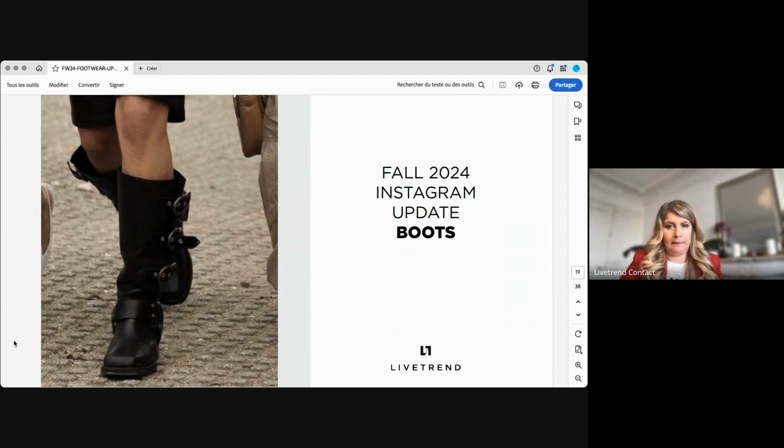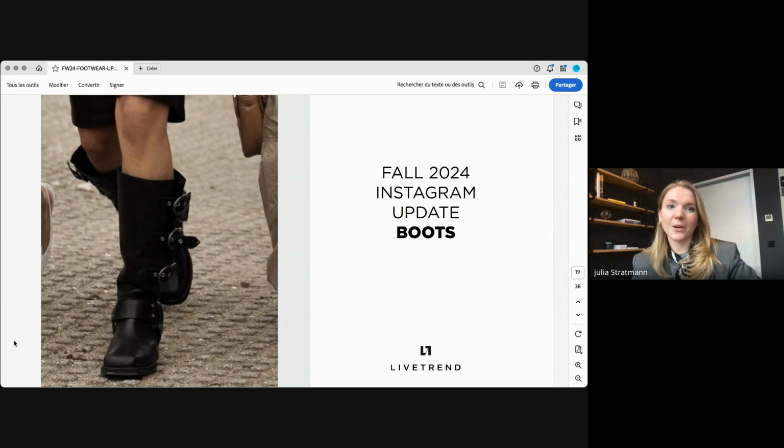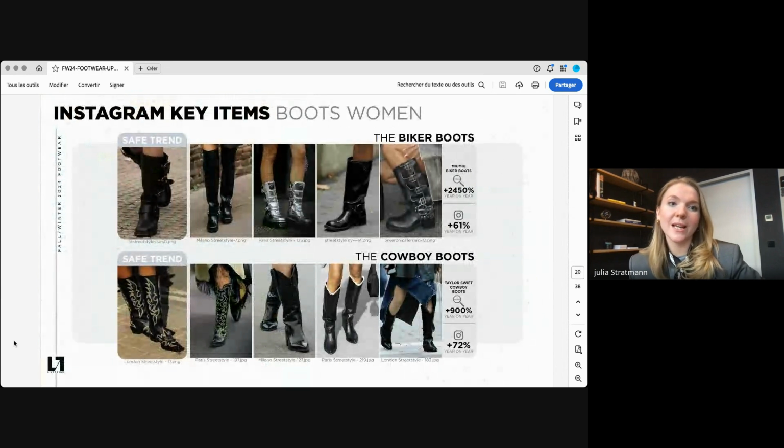Yes, definitely. So let us take a quick look at the Instagram behaviors and developments of the boots category, starting with women. So for women's boots on Instagram, we have seen this kind of dual evolution. We could track that the biker boot with a square toe and these sturdy buckles has become a dominating safe trend, boasting commercial potential due to these multiple ways of interpretation.